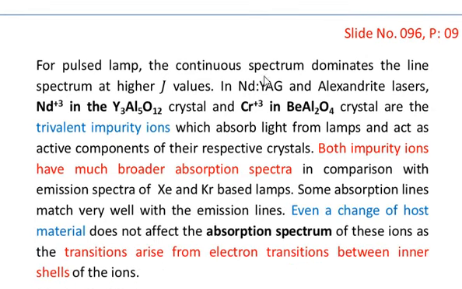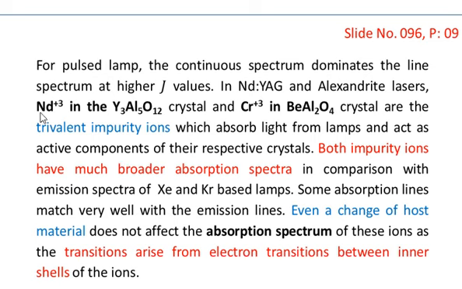For pulsed lamp, the continuous spectrum dominates the line spectrum at higher current densities. In Nd-YAG and Alexandrite lasers, the Nd ion, that is Nd plus 3, in the Y3Al5O12 crystal, and the chromium ion Cr plus 3 in BeAl2O4 crystals are the trivalent impurity ions which absorb light from lamps and act as active components of their respective crystals.